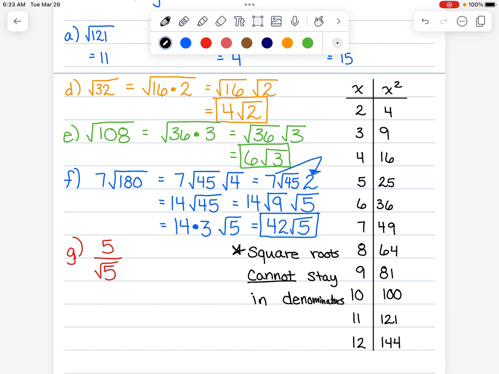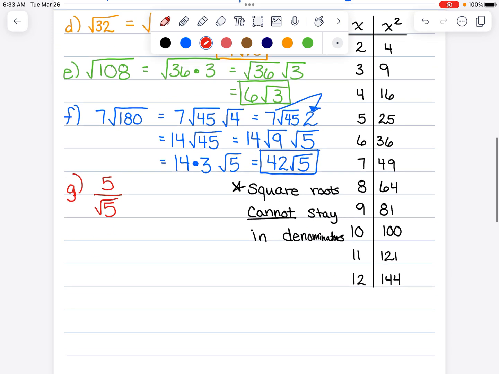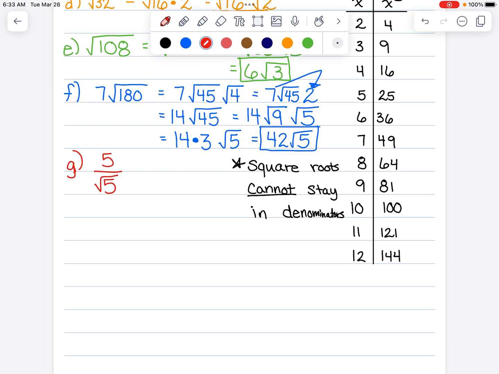And the denominator is the bottom of the fraction, in case you've forgotten that. So if you ever run across a problem where you have a square root in the denominator, we have to do what's known as rationalizing the denominator. To rationalize the denominator is essentially to mess with the problem so that the square root's not on the bottom.